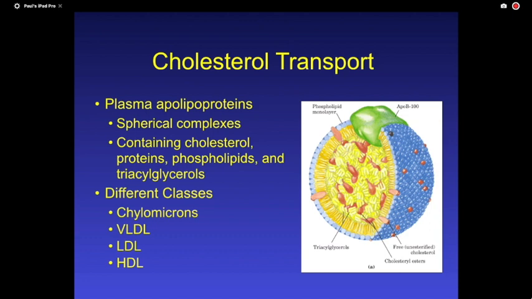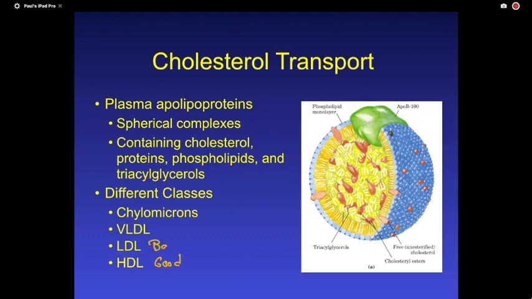Now, there are several particles that are found in the bloodstream. And so we have chylomicrons, the VLDLs, the LDLs, and the HDLs. Inside of that particle are fats, free cholesterols, cholesterol esters, and proteins. All of those will bundle together to create those 4 entities. One of these is considered good. One of these is considered bad.